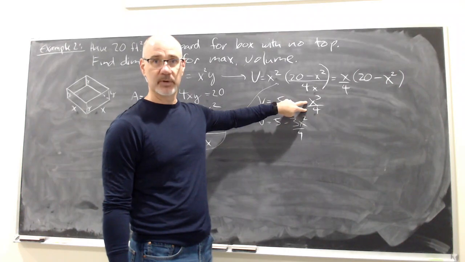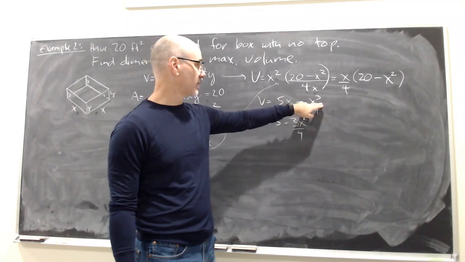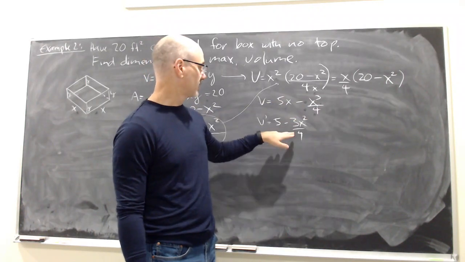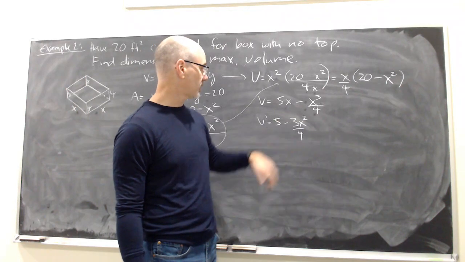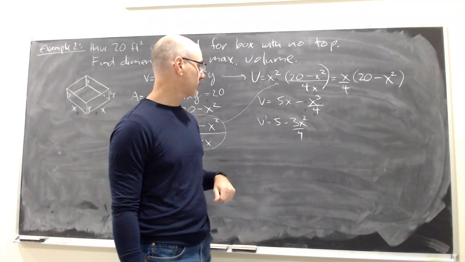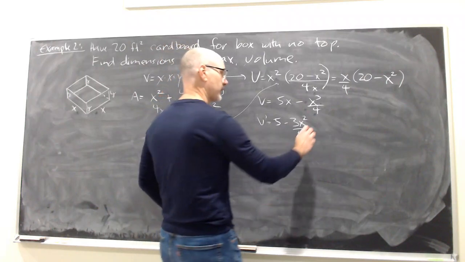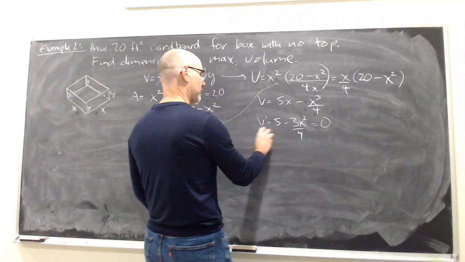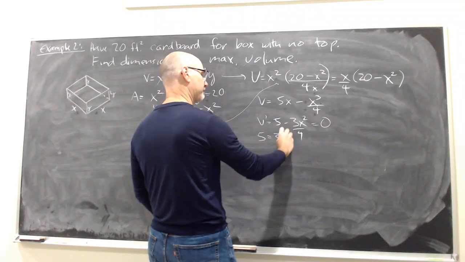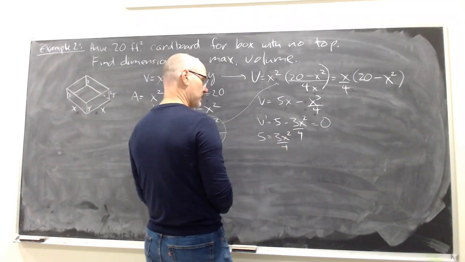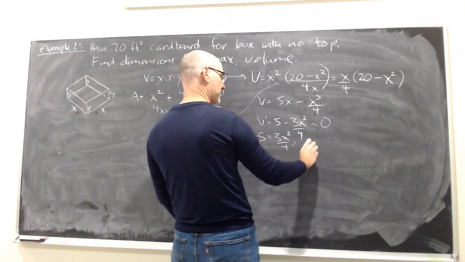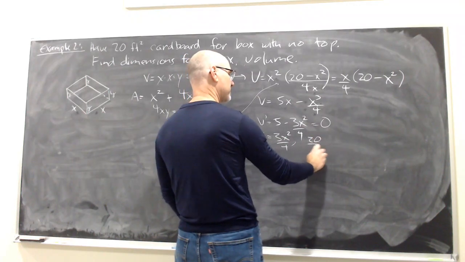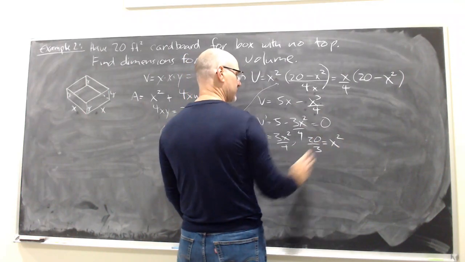And so the derivative is 1/4 times the derivative of x cubed. That's 1/4 times 3x squared, or 3/4 x squared. That exists everywhere, so I just need to set it equal to 0 and solve. If I clear the fractions, I'll get 20/3 is equal to x squared.